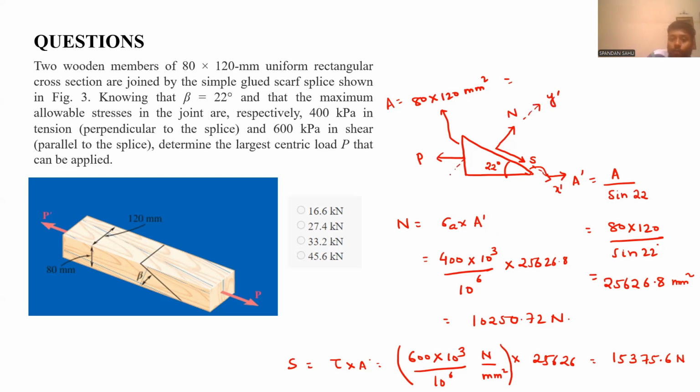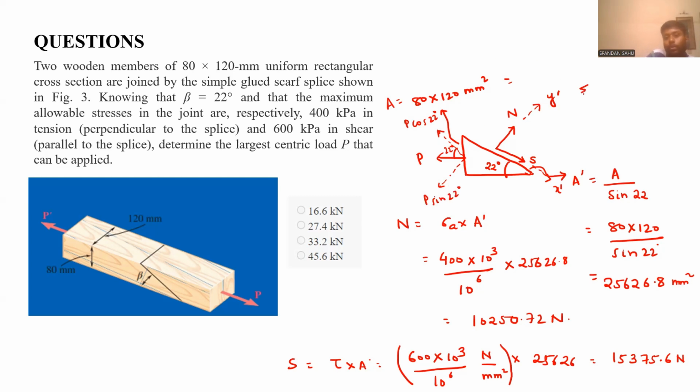If you divide this here, this will become 22 degrees. So this will be P cos 22 degree and this will be P sin 22.